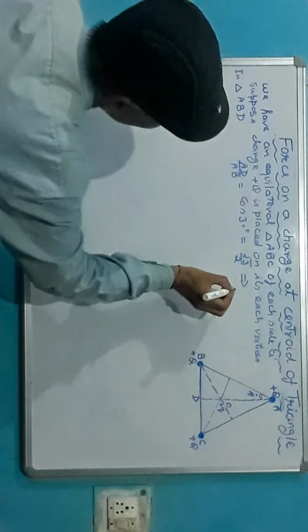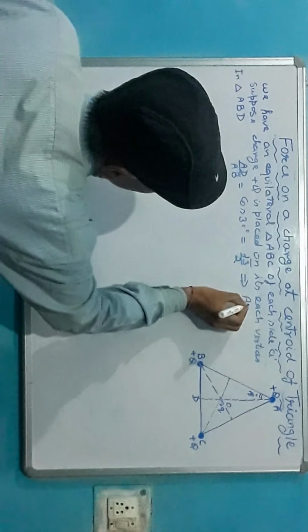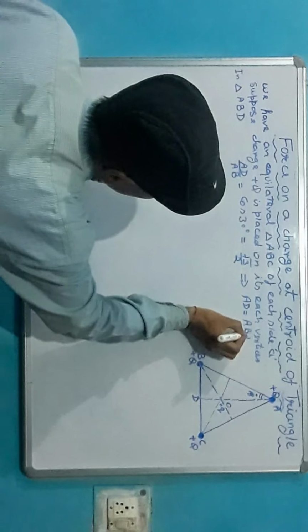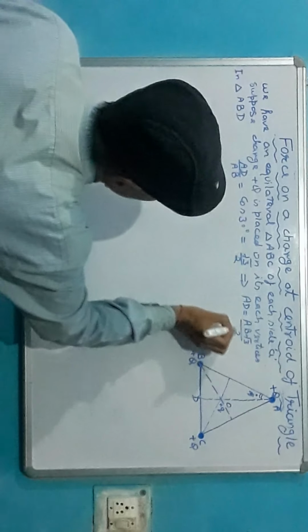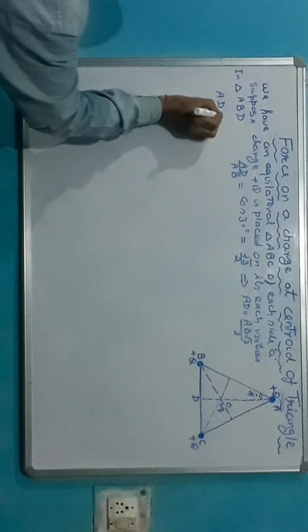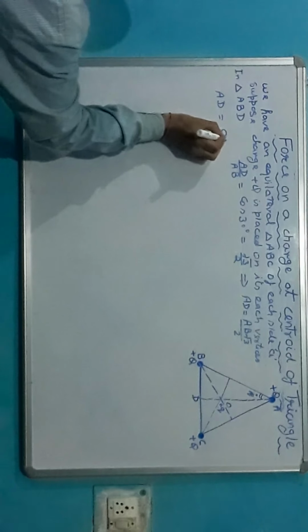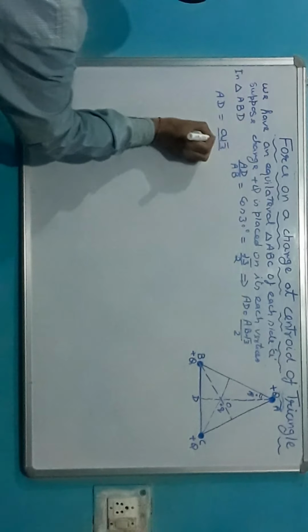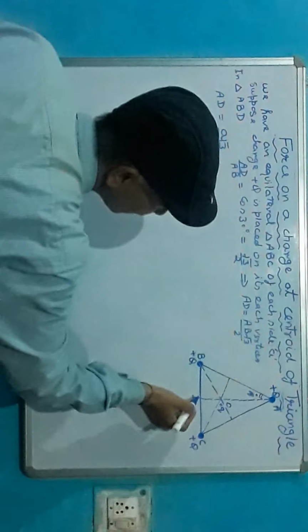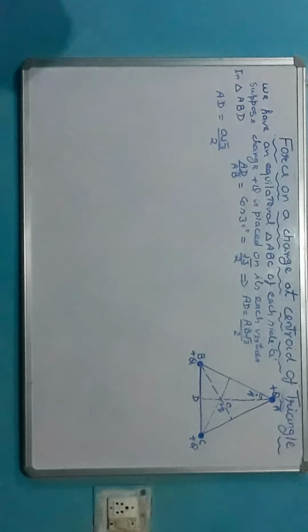It implies that AD is equal to AB root 3 by 2, or as AB is the side a, AD is equal to a root 3 by 2. So this length AD is equal to a root 3 by 2.